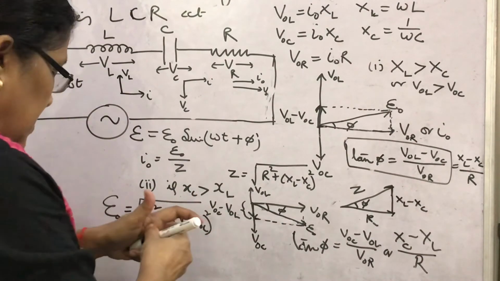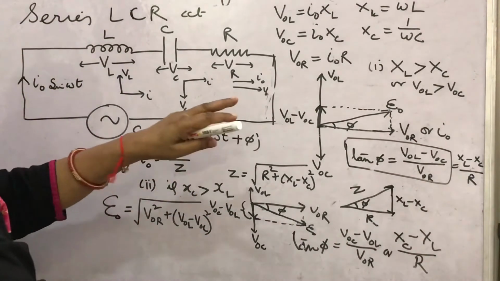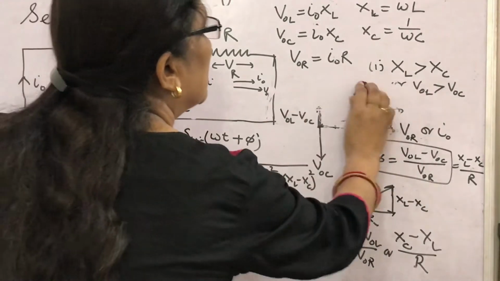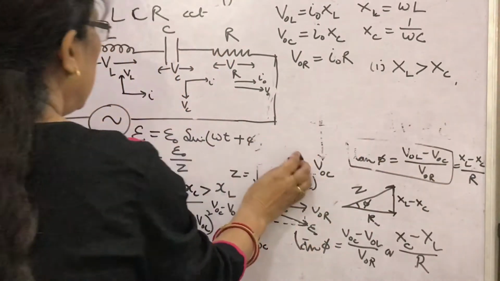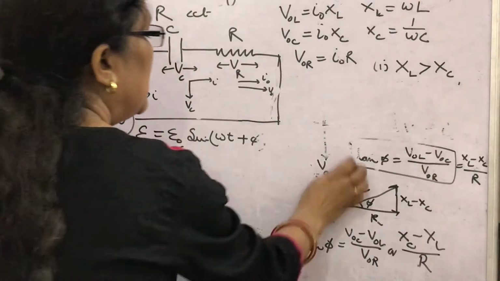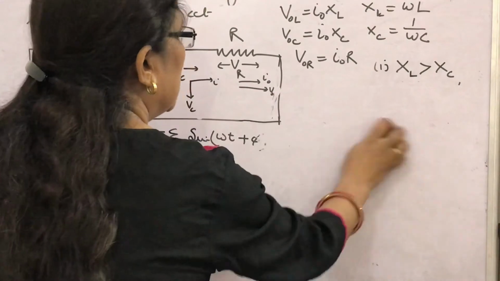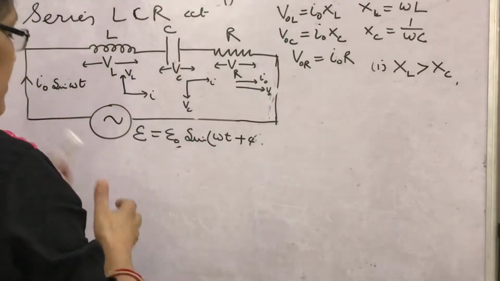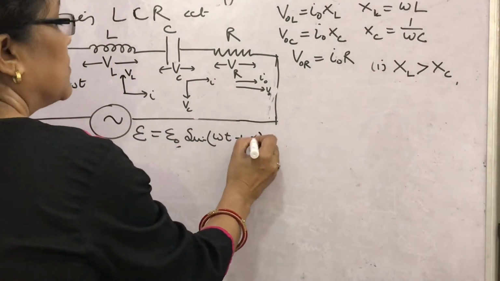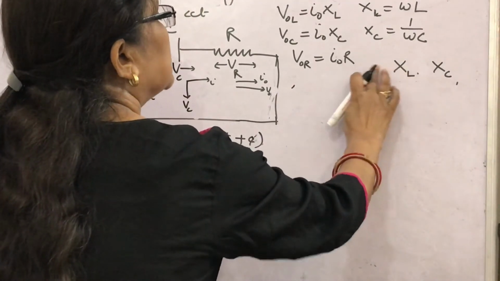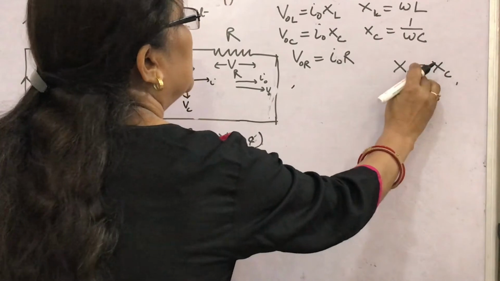Now in this special case, when XL equals XC, what will happen? Look, if we consider the case when XL is equal to XC, this is the case of resonance. This is called resonance when XL is equal to XC.